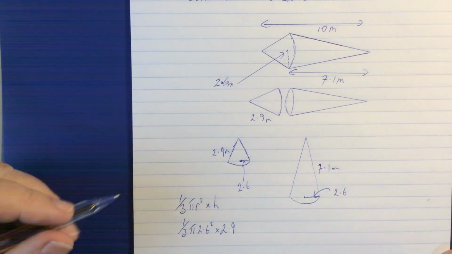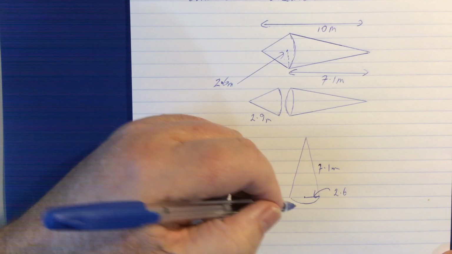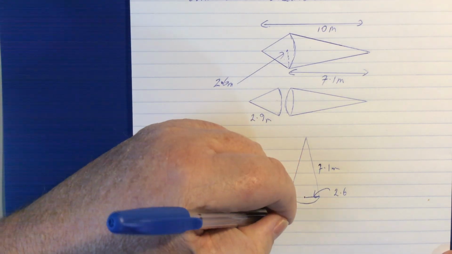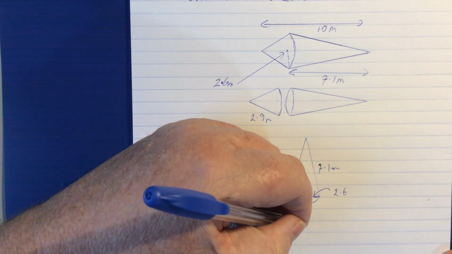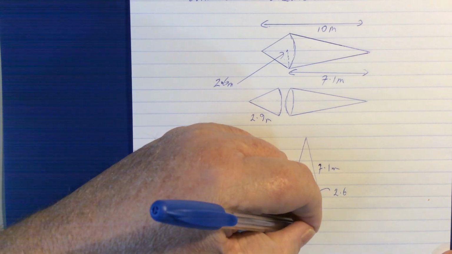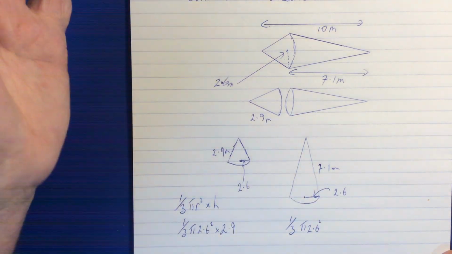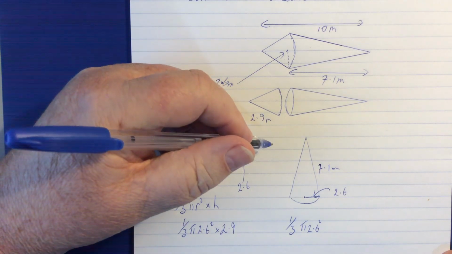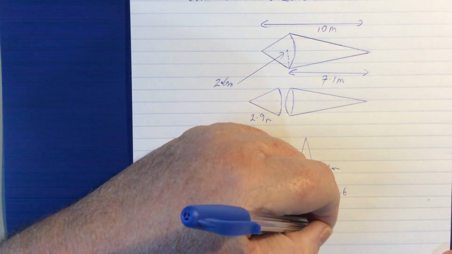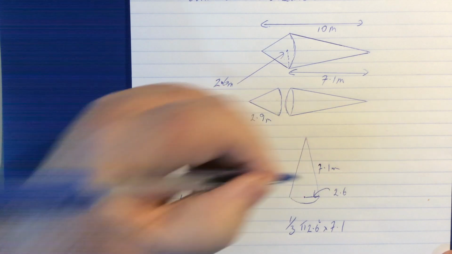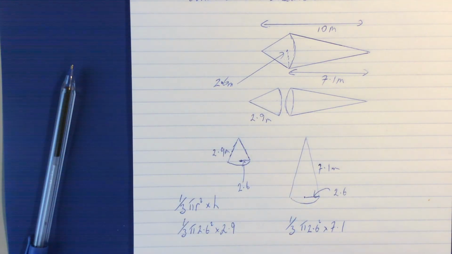We're going to get the calculator out for that. And over here we have 1/3 pi times 2.6 squared, same as this one, times 7.1. Okay, calculator time. So I'll just do this off screen.